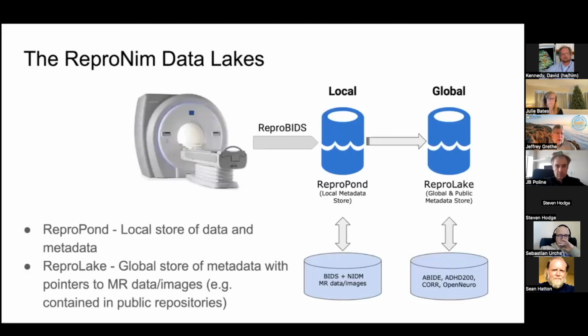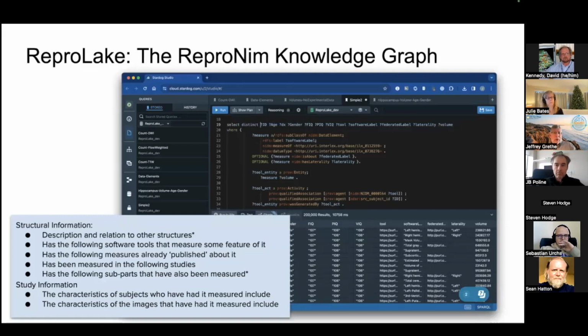And now with the ReproNim ReproLake, again, this is a more global store of information about data from some large studies, and that is something that can also be queried. For example, here, you can query that data through Stardog, which it exists in, with the same type of SPARQL queries across these global tools.